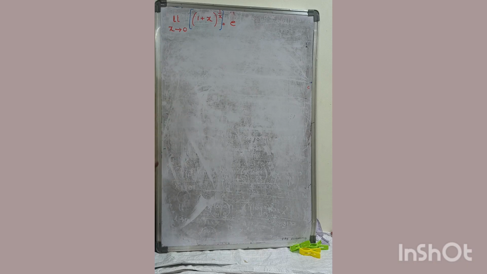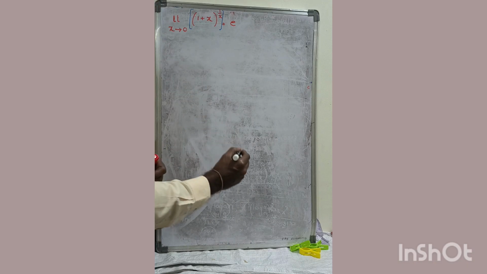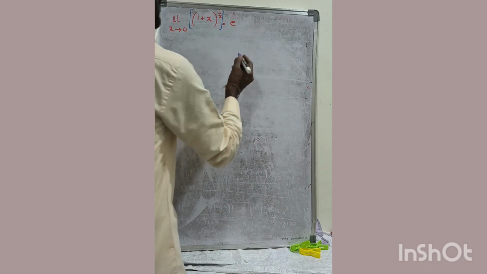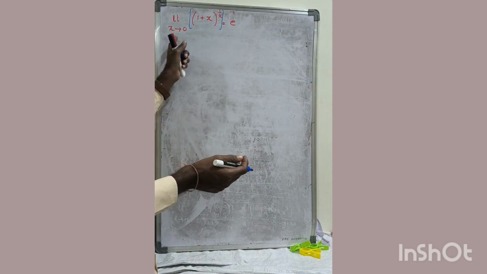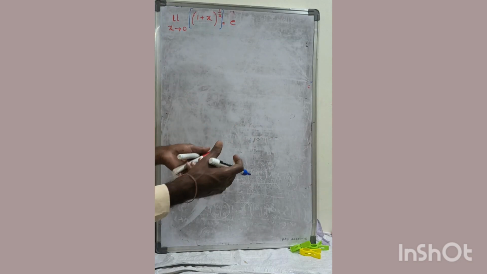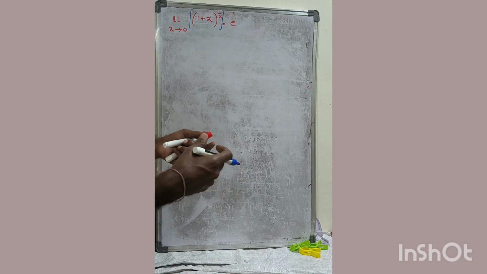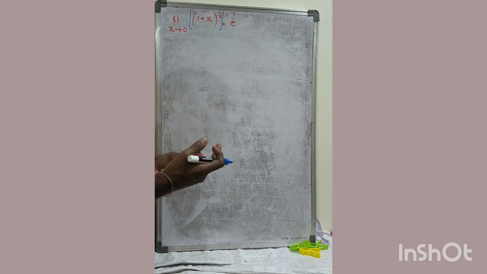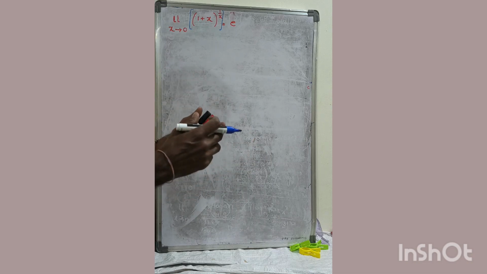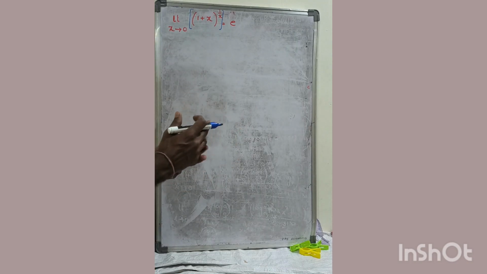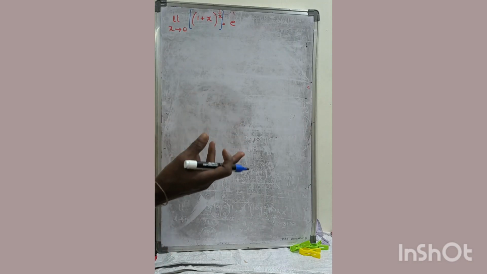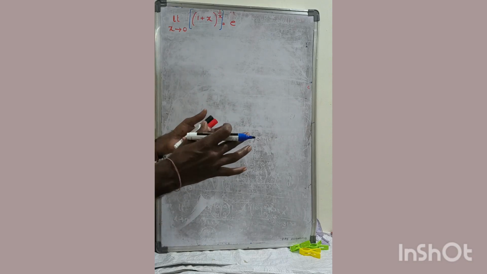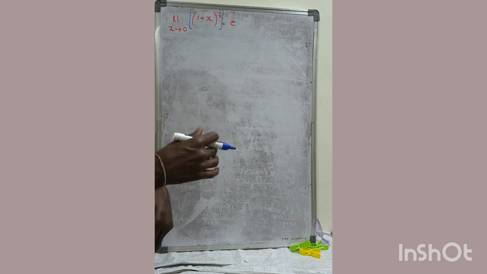Now generally, to find the limit of any function, what is the basic method? We'll substitute. If we substitute and we get any indeterminate value like 0 by 0, 1 by 0, or 1 power infinity, or 0 power 0, or infinity minus infinity, then by doing a simplification, a factorization, a rationalization, or by applying standard limits, we'll find the limit of that function.